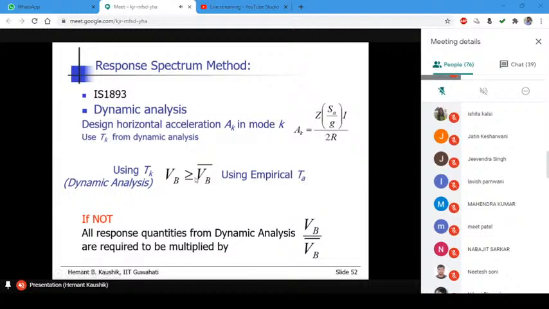If somehow in your dynamic analysis you have done something to your model and you manage to reduce the design forces such that the design forces given by the seismic coefficient method are more, then that is not permitted. So the code says that you increase the design forces by this ratio. Simple. So again, if you remember that table, it gives you the minimum design force. You cannot go below that.